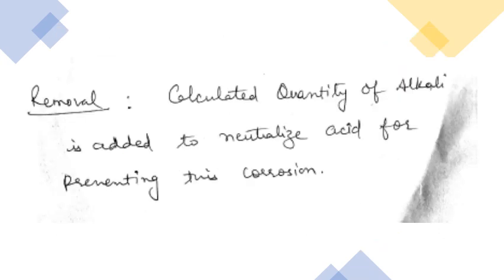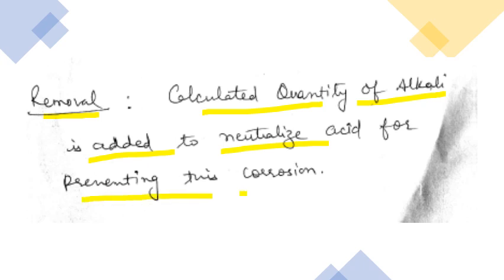So how do we remove the mineral acid content? It goes on forming the boiler corrosion. We have to just minimize the mineral acid content, and there is only one solution to control it, that is a calculated quantity of alkali. To neutralize the mineral acid, we should add the calculated quantity of alkali for preventing this corrosion.